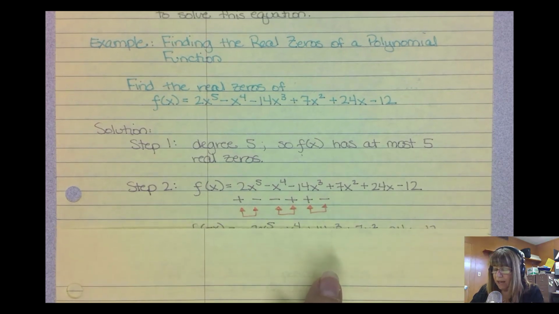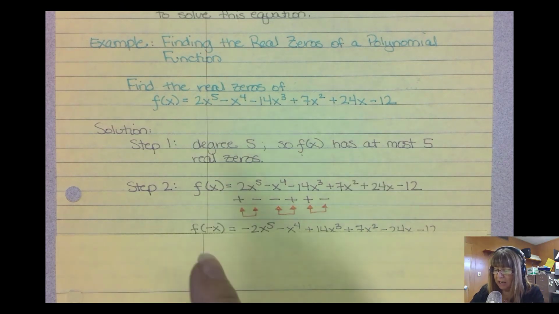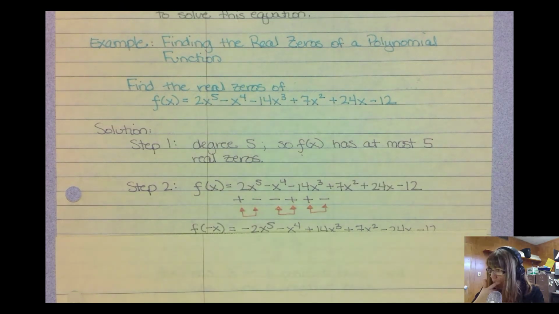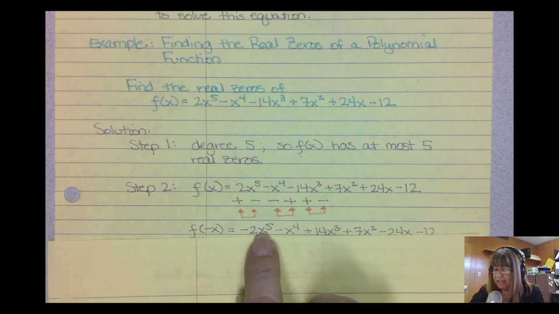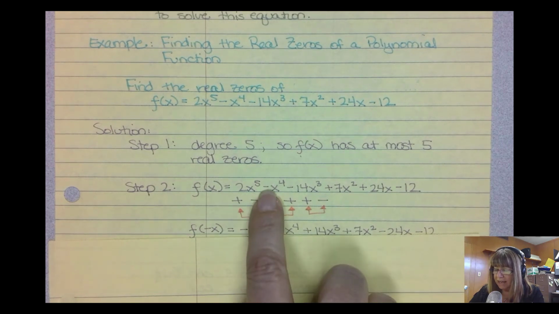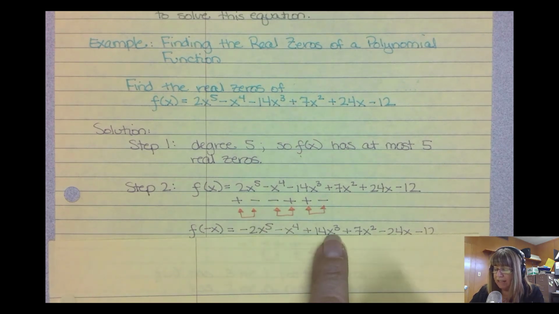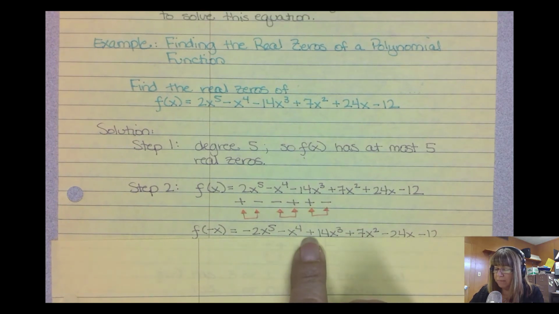Now let's plug in negative x and figure out what our variation is. When we plug in negative x, that's negative x to the 5th, so the positive becomes negative. Negative x to the 4th, well, that's positive, so that stays a negative from what it was before. Negative x cubed would be negative x cubed, so we have the negative goes to a positive.